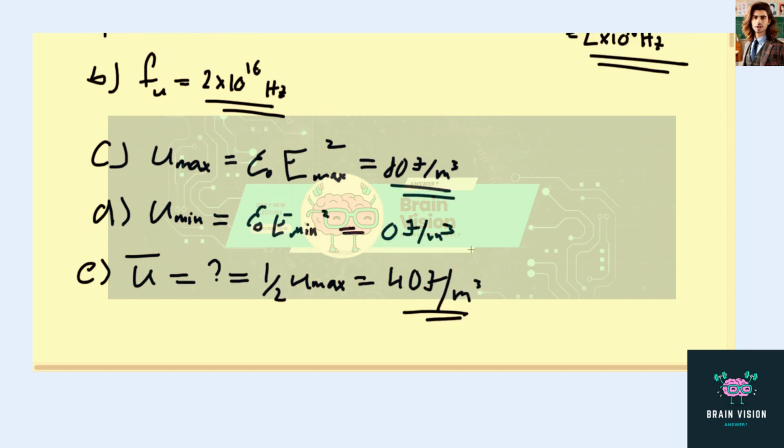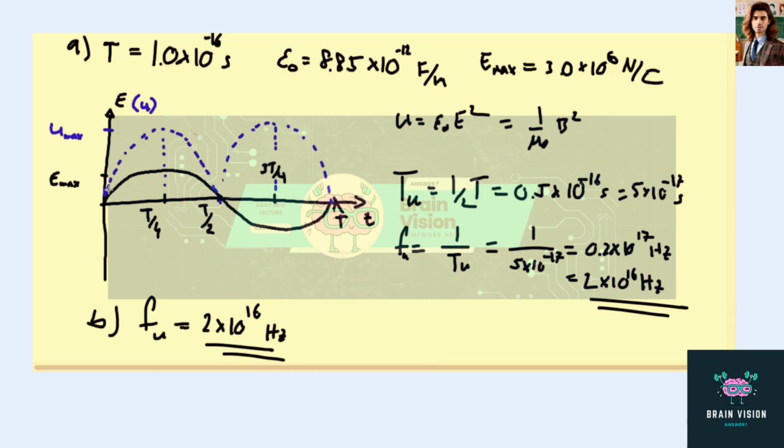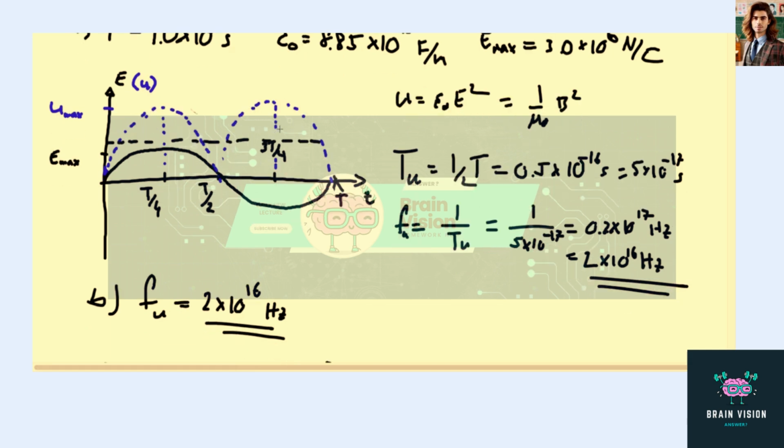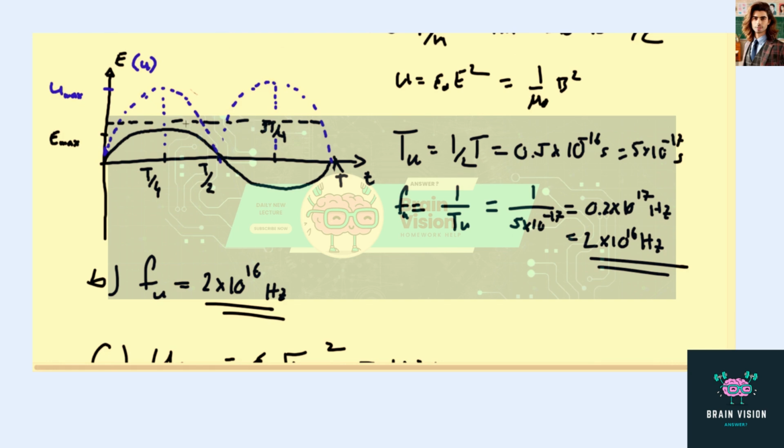The reason behind this is that you're taking a time average of this sine squared function, and when you do that, it works out to roughly half of the maximum. So the average density stored is the average of the area under the blue curve.